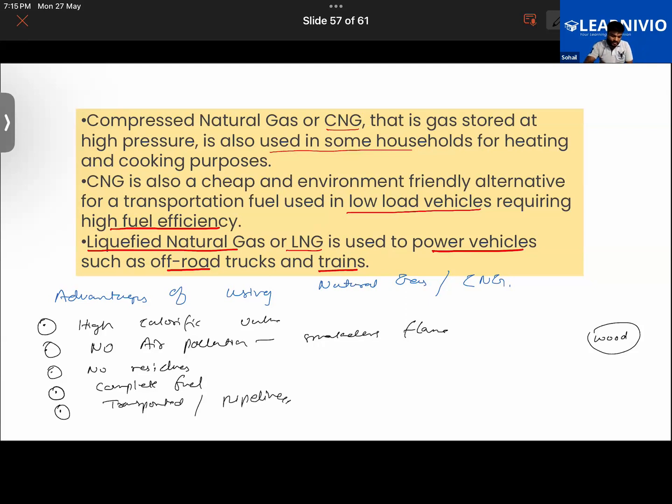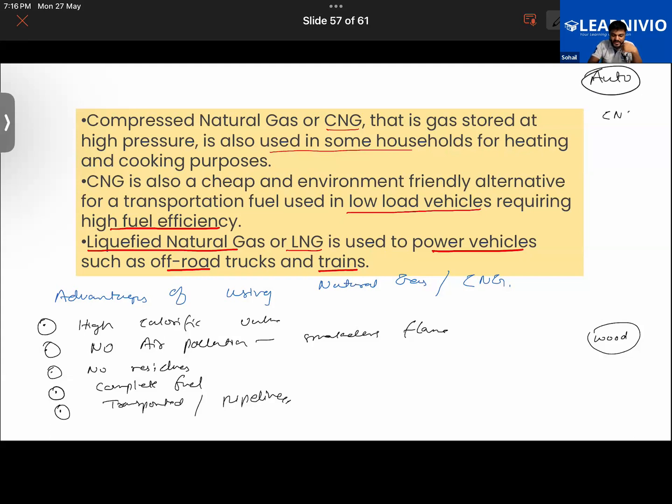Then talking about the use of this CNG, we have discussed that it can be used in low load vehicles, right? Compressed natural gas is being used increasingly as a fuel in transport vehicles. If you visit Delhi or other cities in India, autos are now running on CNG fuel.